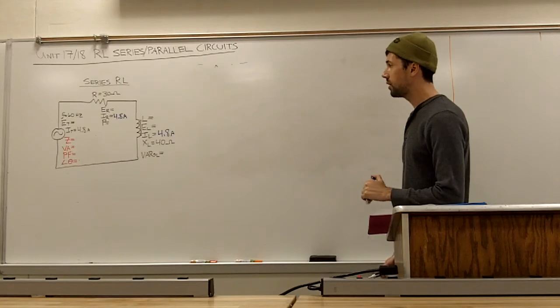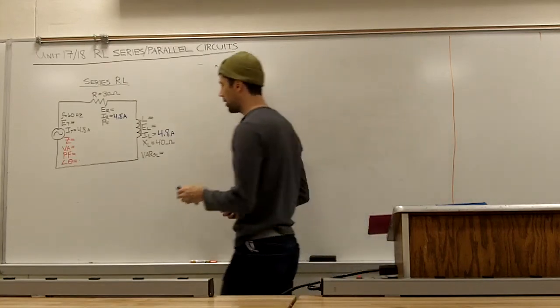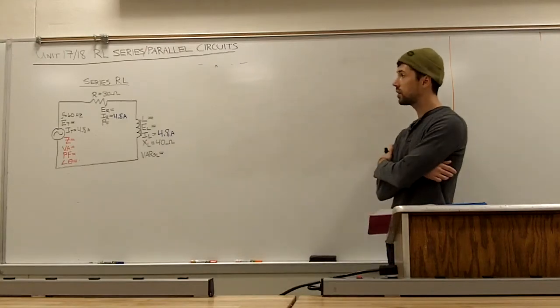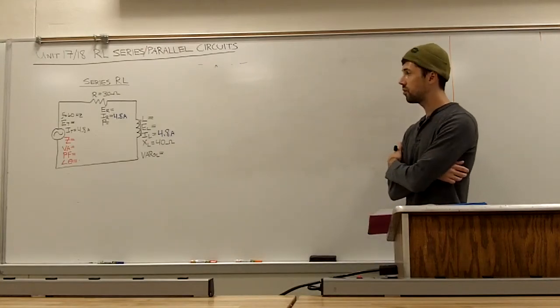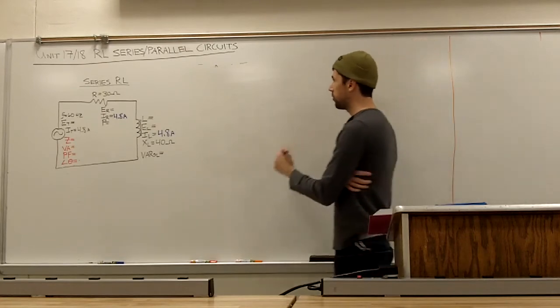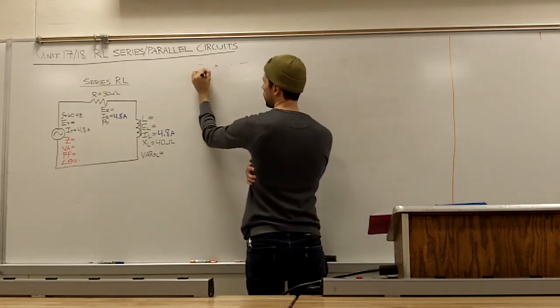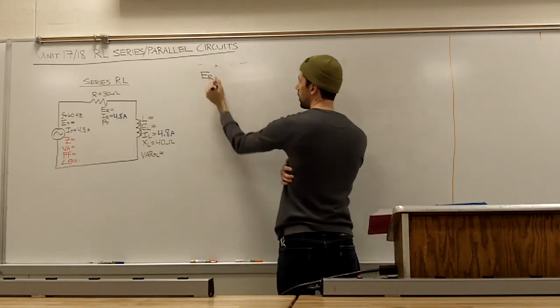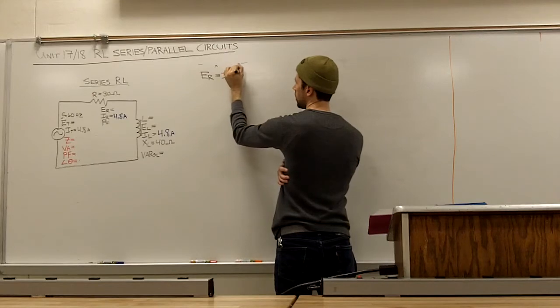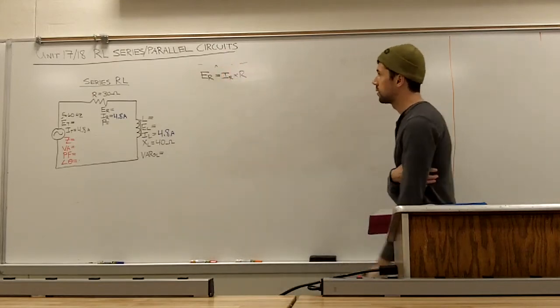Next is sort of up to us as to how we want to find the rest of these circuit values. That's the hard part about solving circuits. It's kind of non-linear as far as how you want to solve for things. First, let's start with the resistor, since we are all pretty familiar with those. The voltage drop across the resistor, E sub R, is going to be the current times the resistance.